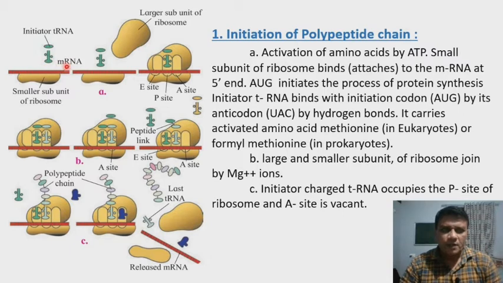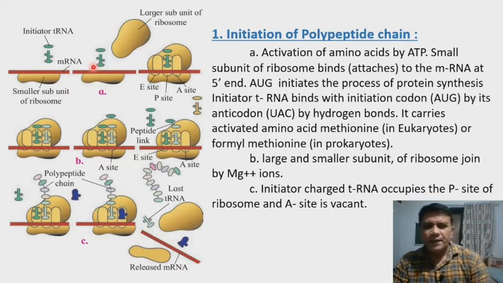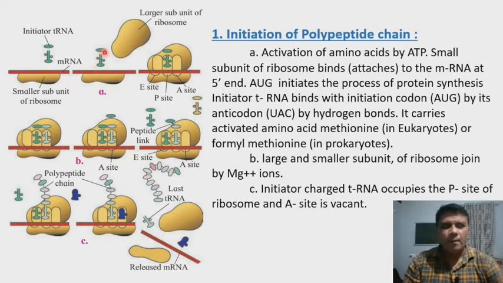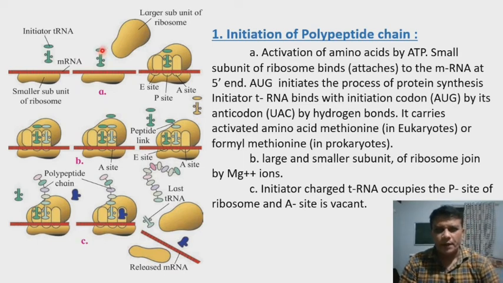We can see this amino acid tRNA complex, which is called the initiator tRNA, binds at the C5 end, and the anticodon present on this tRNA joins to the codon, that is AUG, present on the C5 end with hydrogen bonds, and it carries the activated amino acid, that is methionine.